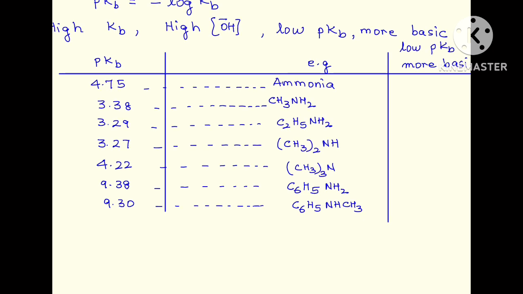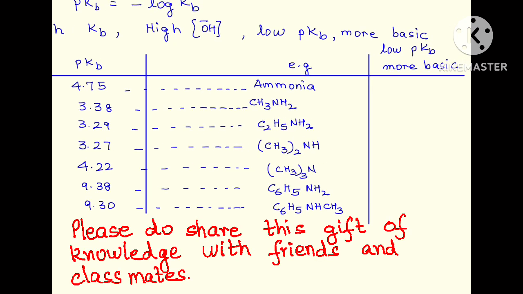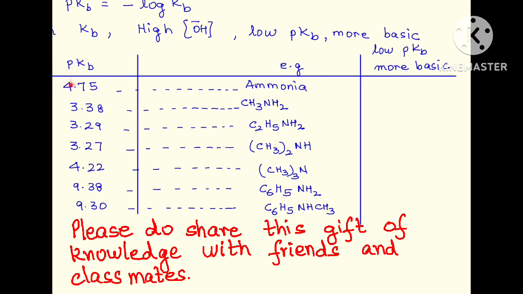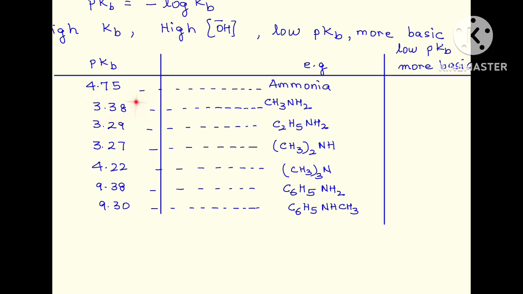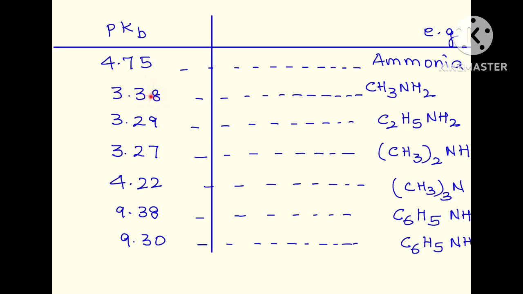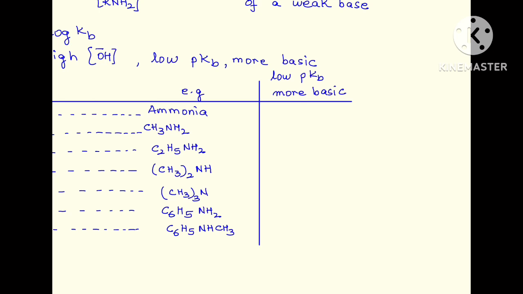Let's compare. So first one, ammonia and primary amine. So here we notice that ammonia has a pKb value of 4.75, whereas methylamine or methanamine has a pKb value of 3.38. Remember what we said just now, low pKb means more basic.